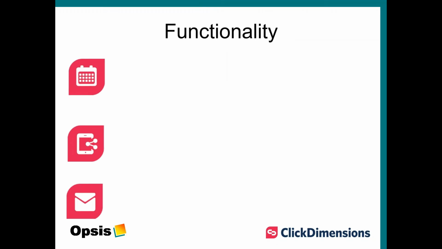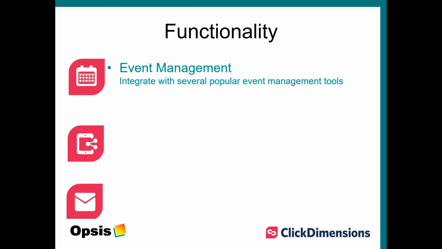So these are the functionality inside ClickDimensions. Event management: ClickDimensions has the ability to talk to and work with the common online event management products, including, as we've done here, GoToWebinar.